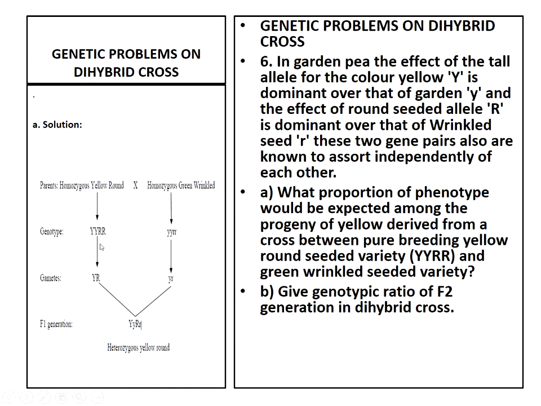The gamete for homozygous yellow round is capital Y, capital R, and the gamete for homozygous green wrinkled is small y, small r. And in the F1 generation, we are going to observe heterozygous yellow round. Heterozygous yellow round means capital Y, small y, capital R, small r. This is the F1 generation.